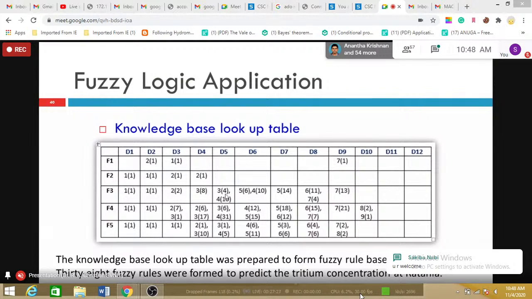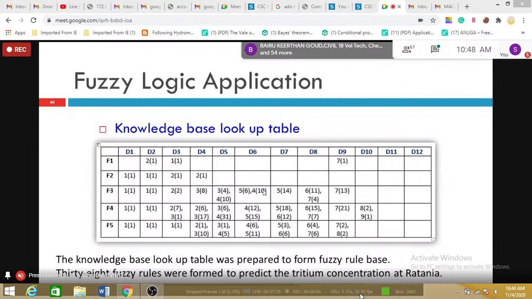I got concentration set 3 for 4 times and concentration 4 for 10 times. This is what my data shows. So what I'll do is pick up the data which has the maximum count, 4. So when F3 is the flow and D5 is the discharge, then my output is 4.